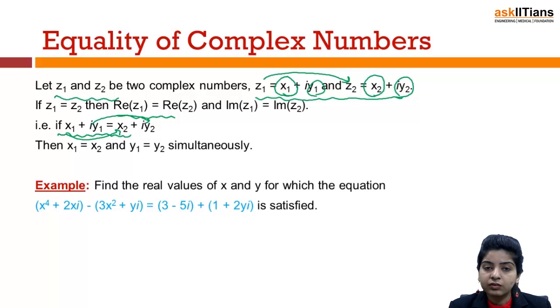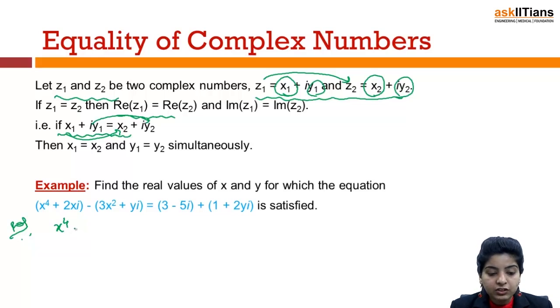This is quite simple, and we have a question based on it. Find the real values of x and y for which the given equation is satisfied. Okay, so how would we do this question? First of all, I'll simplify this equation by rearranging the terms.